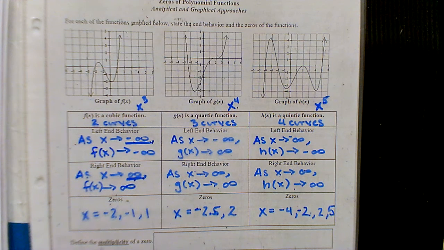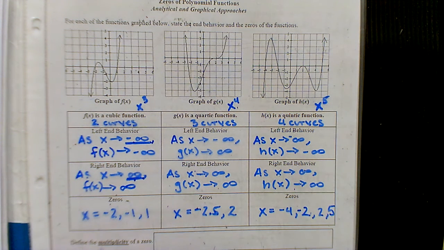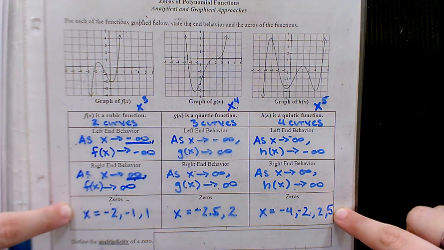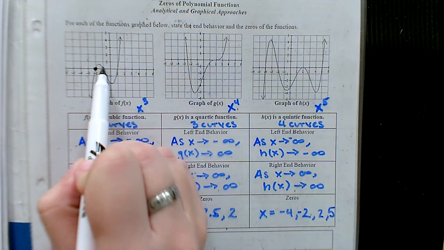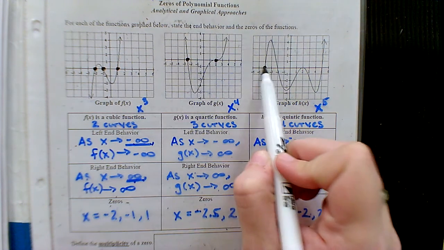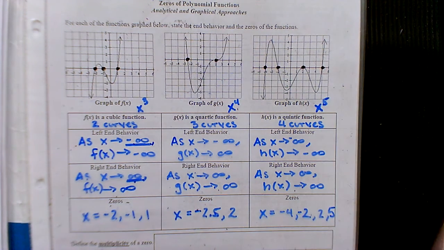Perfect. Okay. So we're eventually going to talk about end behavior a little bit more. We're going to save that for the next section. But what we're going to focus on in this section specifically are these x-intercepts. If you were to physically look at the graph at all these x-intercepts, notice how they're different in some cases.